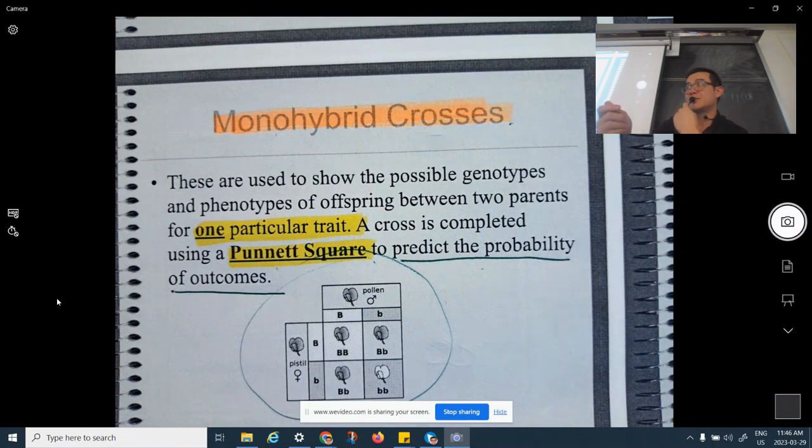If they have kids, there's a 1 out of 4 chance their kids will have sickle cell anemia. And if they don't have sickle cell anemia, there's a 2 out of 4 chance their kids will also be carriers of that gene. And they only have a 1 out of 4 chance that the kid will not have sickle cell anemia and will not be a carrier.